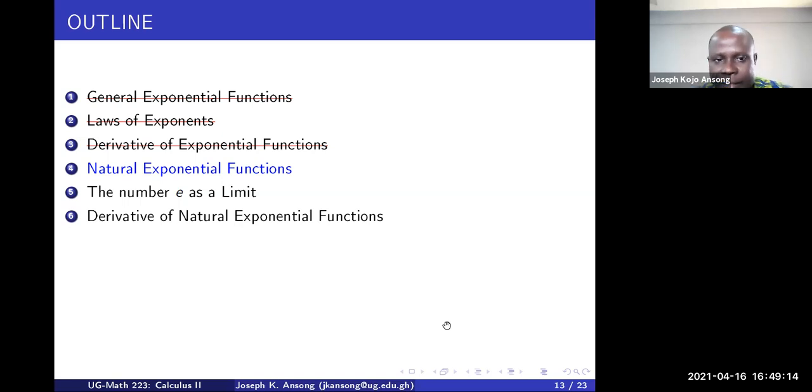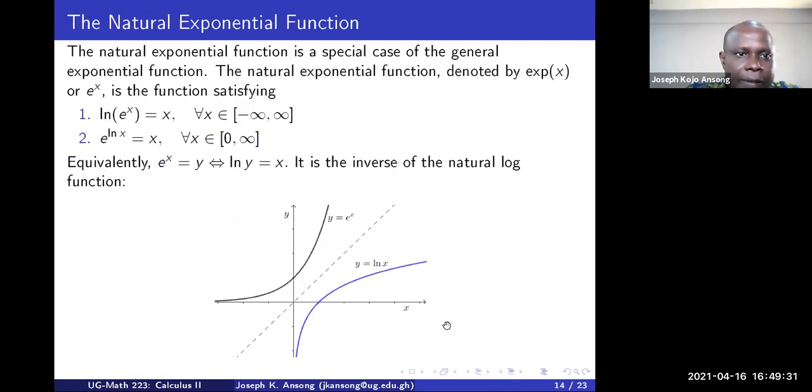We'll look at the natural exponential function and then the number e, e as a limit. Then once we are done with that, we'll look at the derivative of the natural exponential function. The natural exponential function is just a special case.